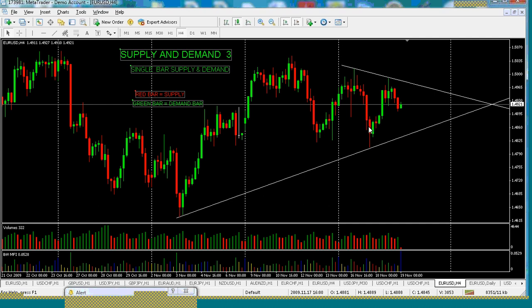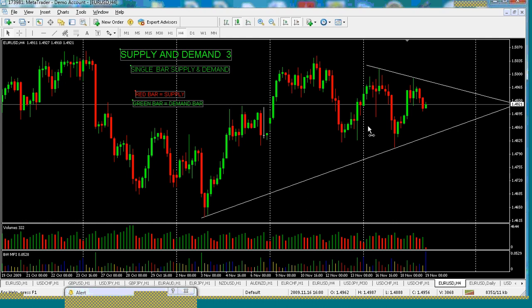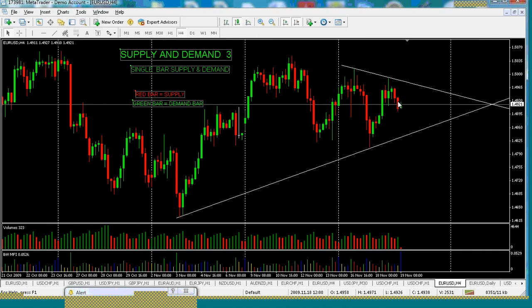When price is coming back down here, this bar represents demand. Why is that? Because this is where the short sellers started to enter the market. What's the only way they can exit their position? They have to buy. They are now buyers, so on the way down they represent demand.